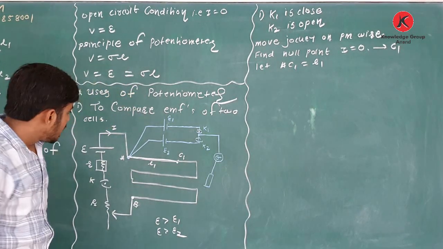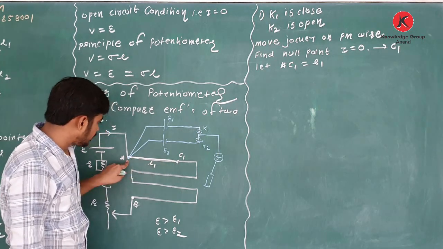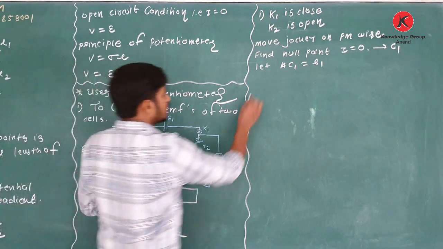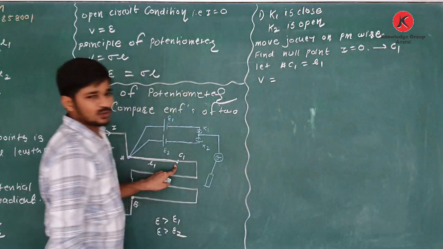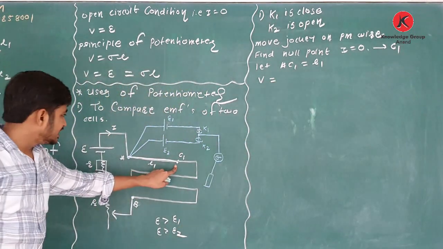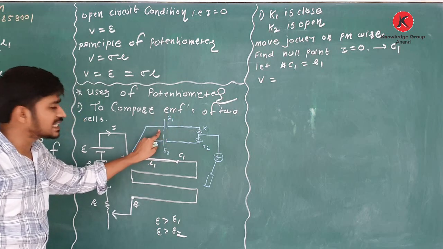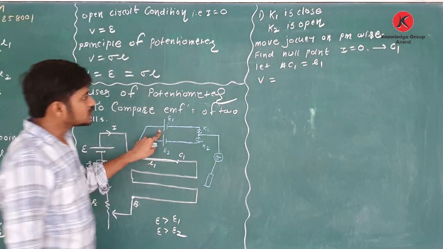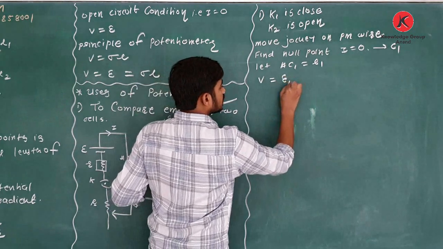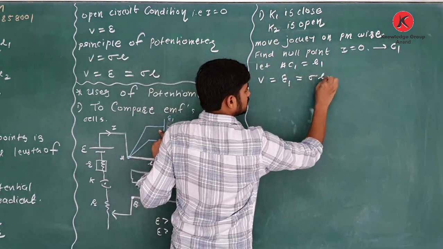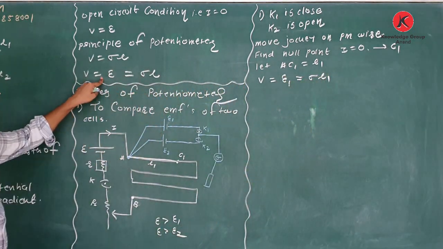Then what is the potential difference between the two ends A and C1? V is equal to the EMF of this cell that is in connection. So we can write V is equal to E1 is equal to sigma L1 with the help of this condition.